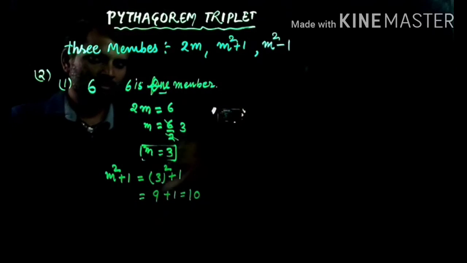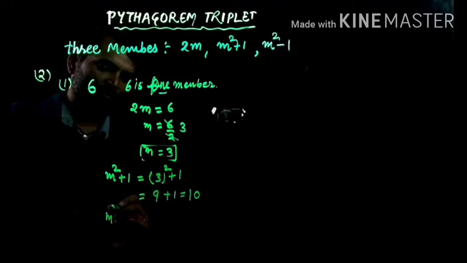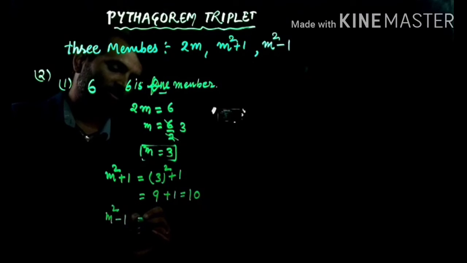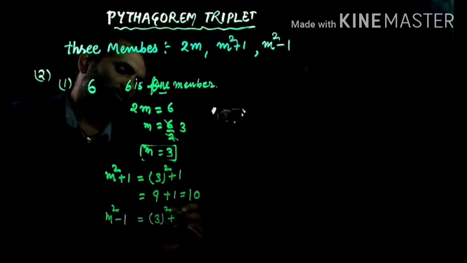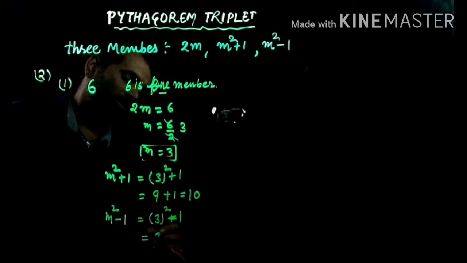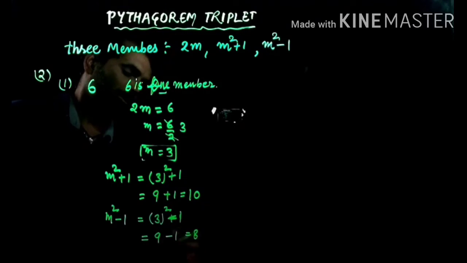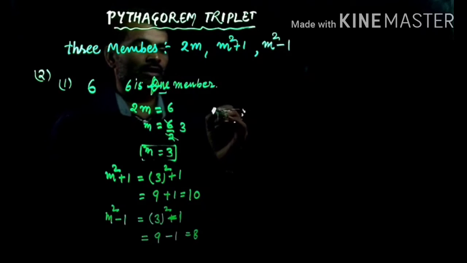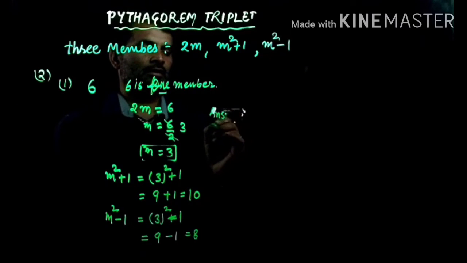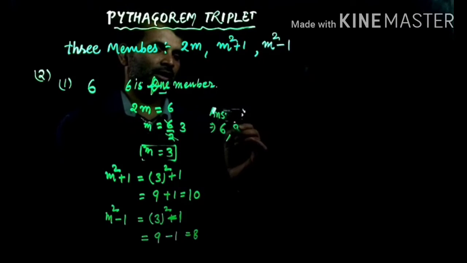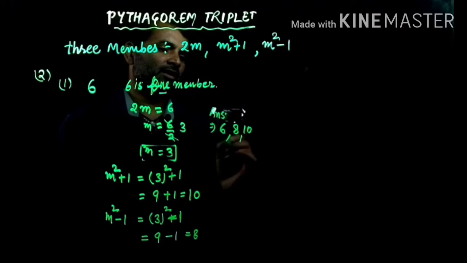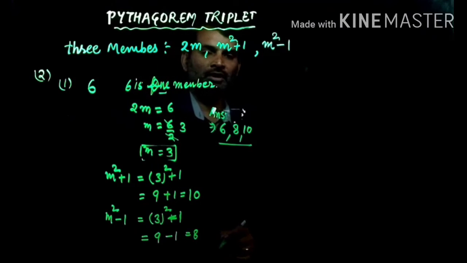And the third member is m square minus 1, which is 3 square minus 1, 3 into 3 is 9, minus 1 is equal to 8. So the total answer is: first is 6, second member is 8, and third member is 10.